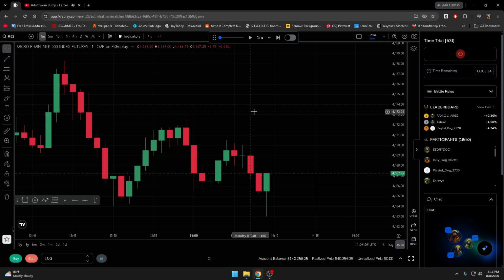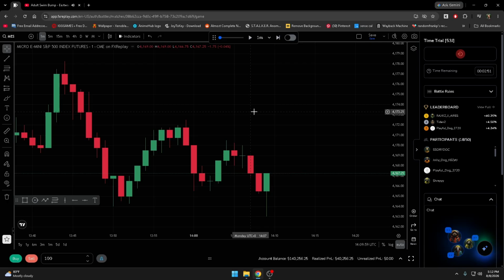Enter when price goes below the bullish third candle of FVG.